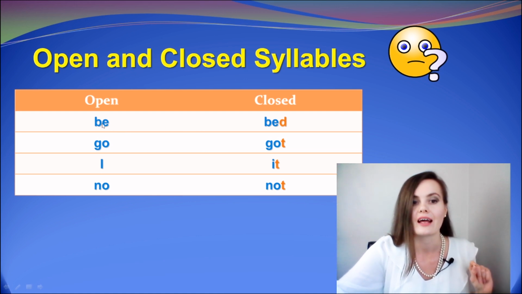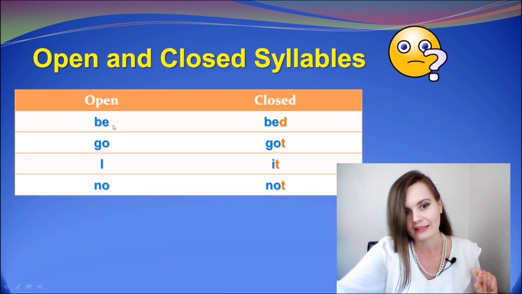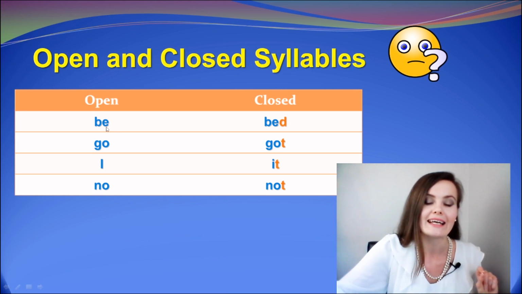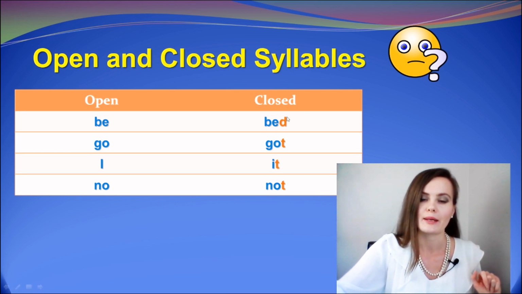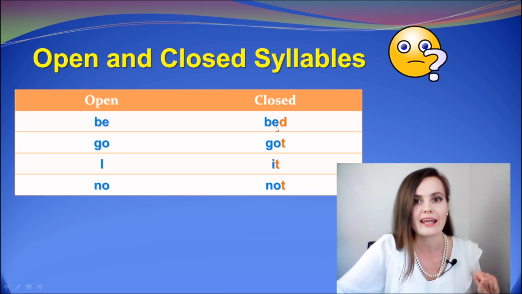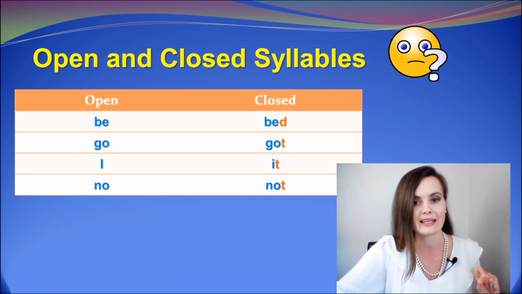It's because in the word be, the syllable is open. It does not have any consonant on the right side. So there is nothing that stops the letter E from saying its letter name, E. But in the word bed, there is a consonant sound D. It stops the letter E from saying its own letter name, and it makes it say only its sound.